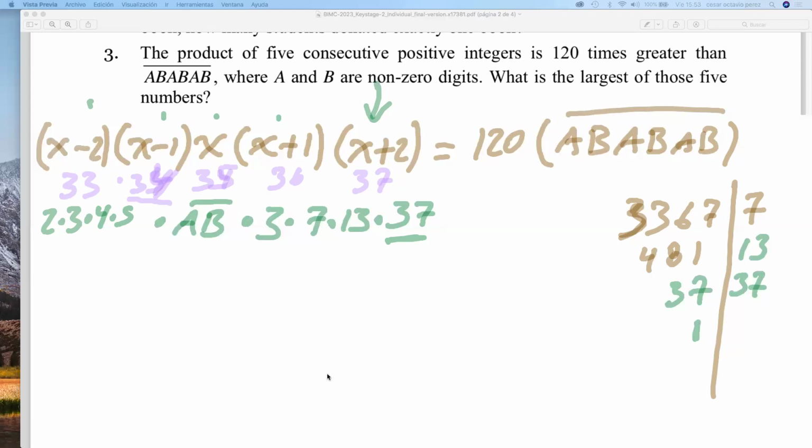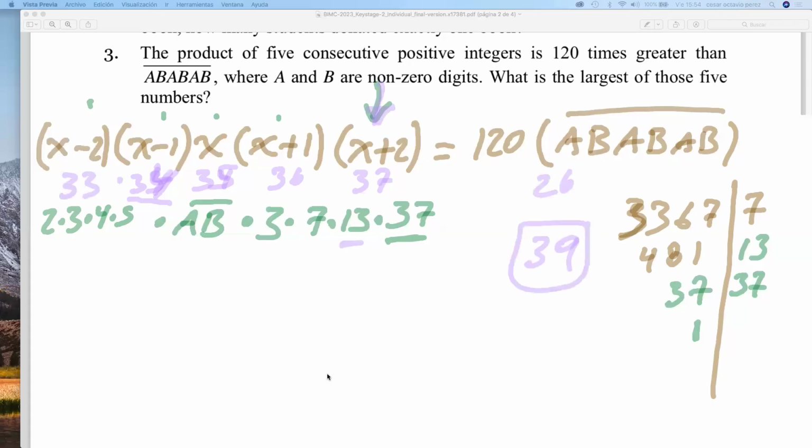Is there a number divisible by 13? 33 is not. A number near 37 that is a multiple of 13. Okay, that's a very good idea.